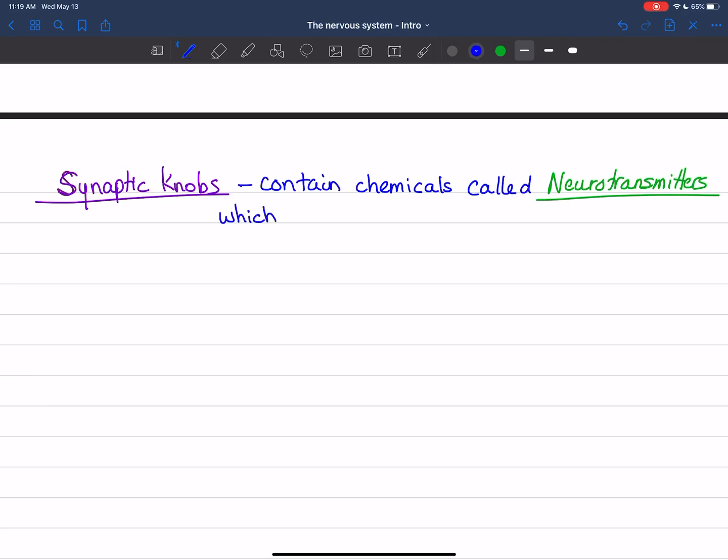And they help not with the communication within the neuron itself, sending the message within, but with the communication between different neurons. So they help with the impulse, the message, traveling to the next neuron.